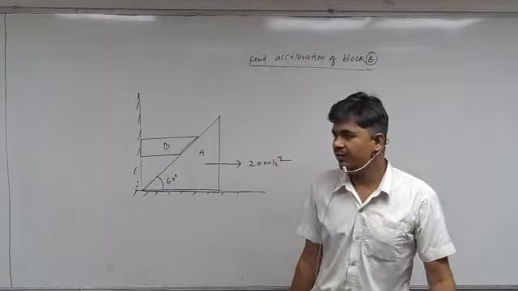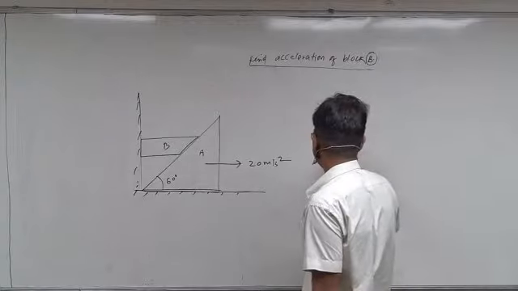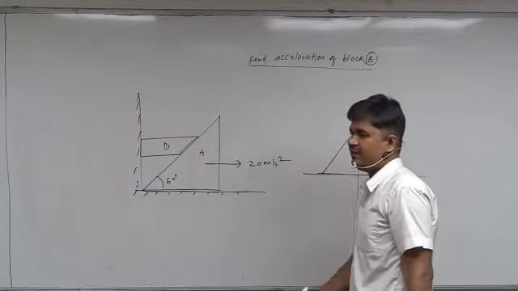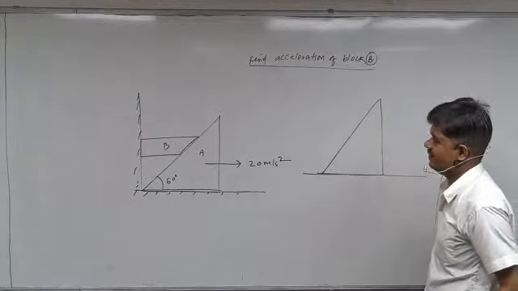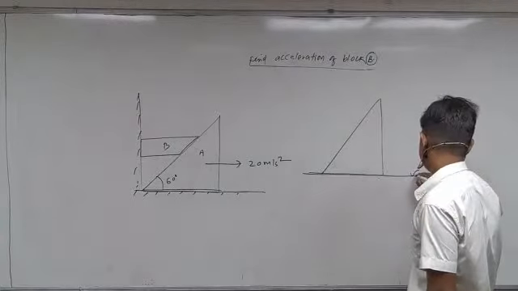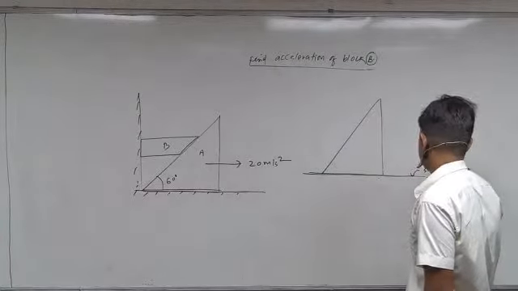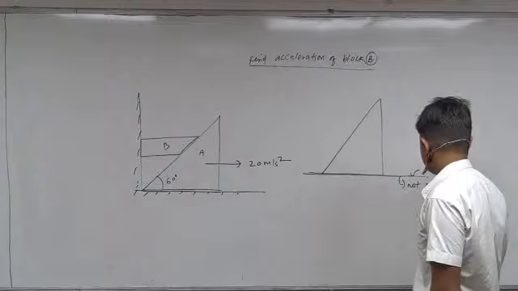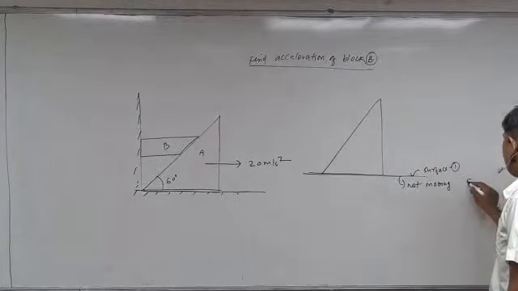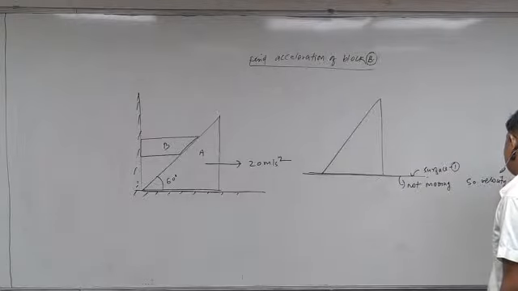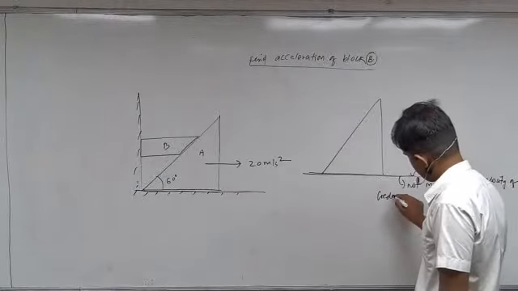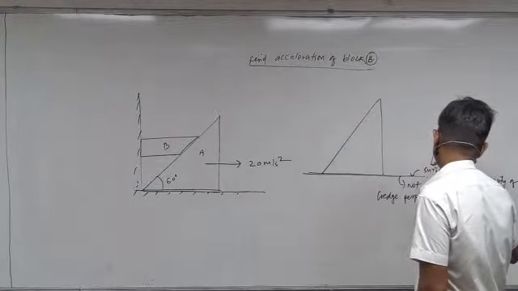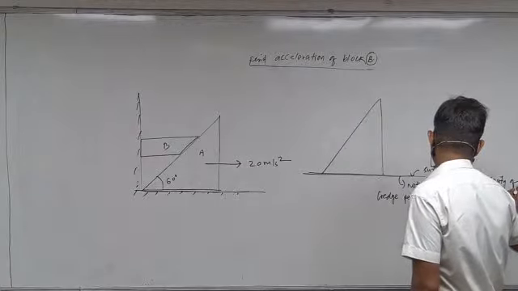Now, first of all, try to analyze the motion of this wedge. This wedge has two surfaces which are in constraint. One is this surface 1. This surface is not moving. So velocity of wedge perpendicular to the surface is 0.